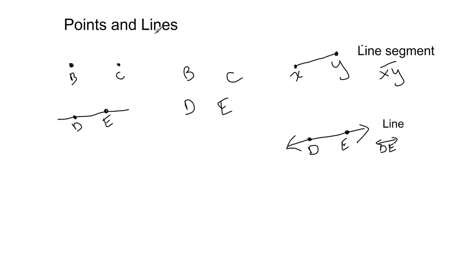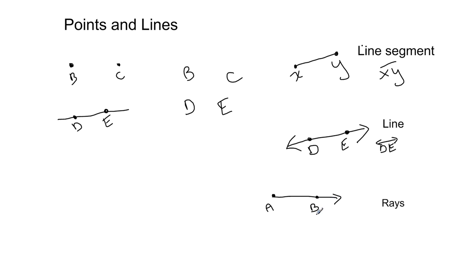Then we have our last style, and this style is called a ray. A ray has a start and no end point. So it's kind of a combination of a line segment and a line. It has a start, and we'll call this start A, and it just goes on and on and on. Might have another point B on it.